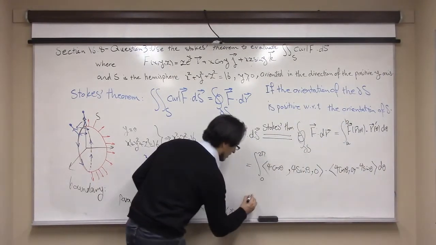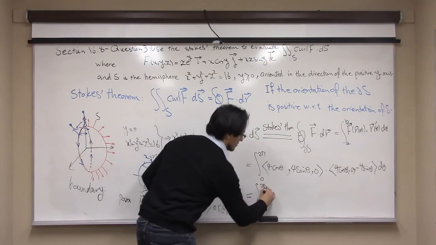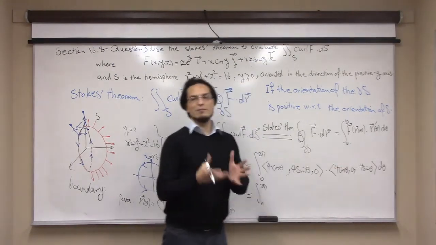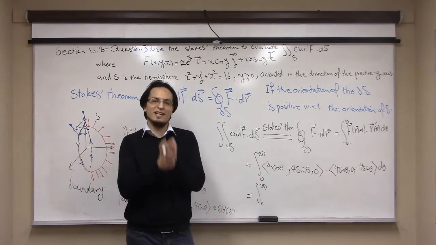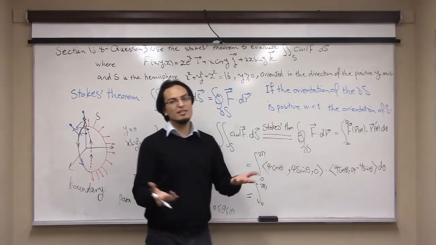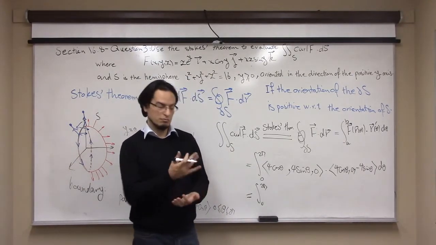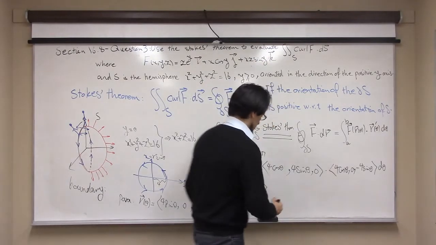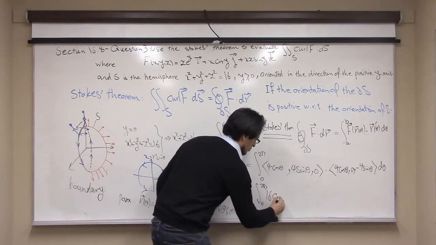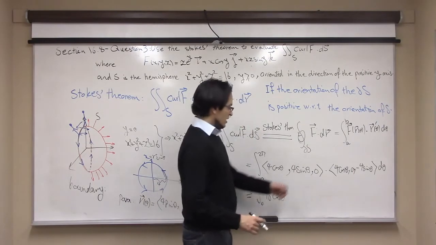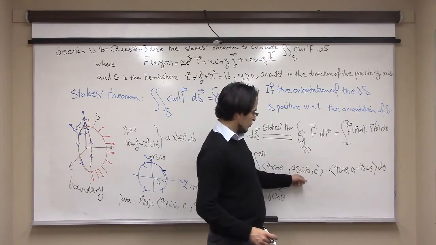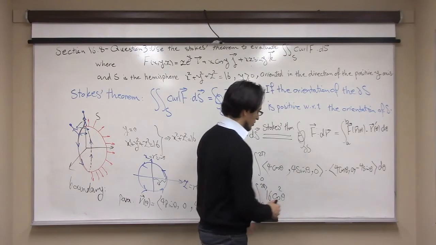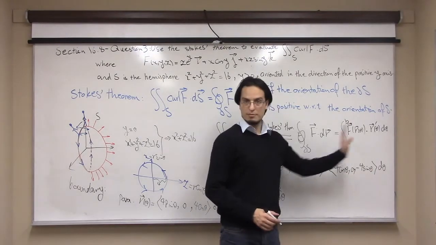This is great now because if I dot product these two, I'm going to get a function in theta, and this is going to be an easy integral. It is just a regular integral. So let's multiply this by that. It is 16 cosine squared theta. Second component, 4 sine theta times 0 is 0. Third component, 0 times something is 0.